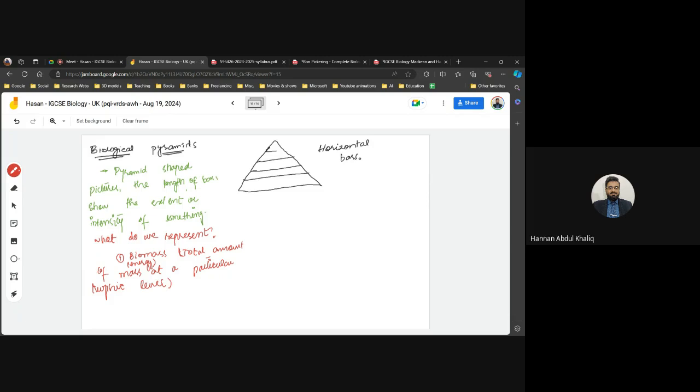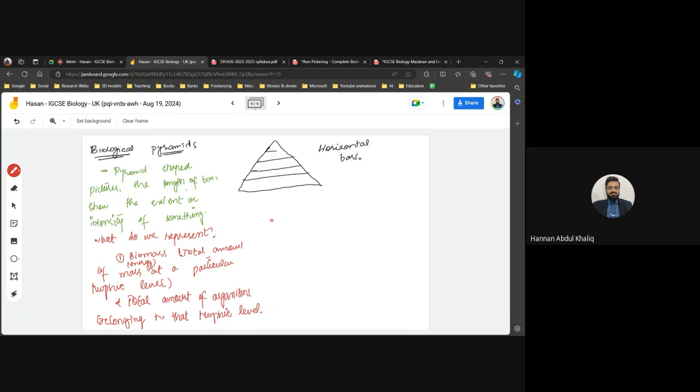But mass also means the total number of organisms, the total amount of mass at a particular trophic level, or you can also consider the total amount of organisms belonging to that trophic level.